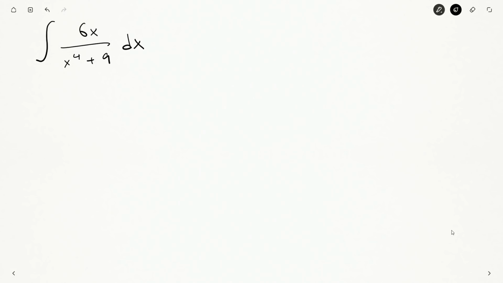Now, sort of a general rule of thumb might be to compare the degrees. If the top has a degree of, let's say, k, and the bottom has a degree of k plus 1, then roughly the top is the derivative of the bottom. And that's why if this 4 were a 2, it would all work out.